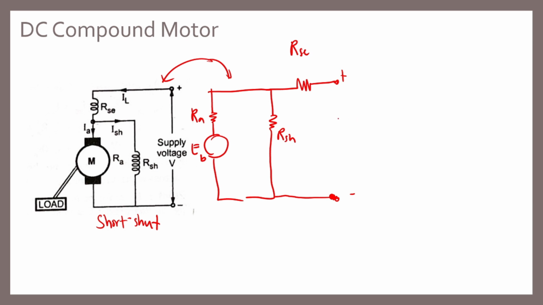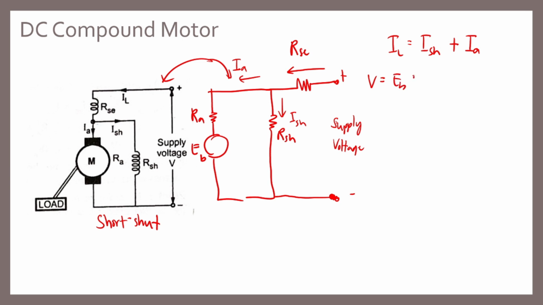So this is your supply voltage or the input voltage. The flow is from the supply voltage, then it splits into our ISH and also our IA. Okay. So in that case, IL is equal to ISH plus the armature current. Now, to get the voltage equation, V is still equal to EB plus ISE RSE plus IA RA plus the voltage across the brush.